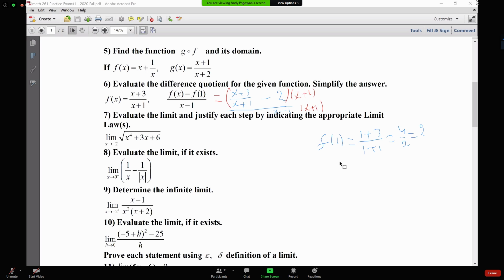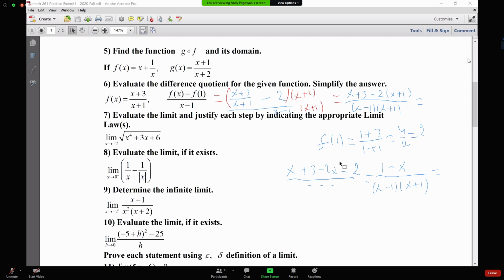Now, when you multiply, the top will be x plus 3 minus 2 times x plus 1, over x minus 1 times x plus 1. Now distribute the numerator. So you get x plus 3 minus 2x minus 2 over the denominator, which is 1 minus x over x minus 1 times x plus 1.